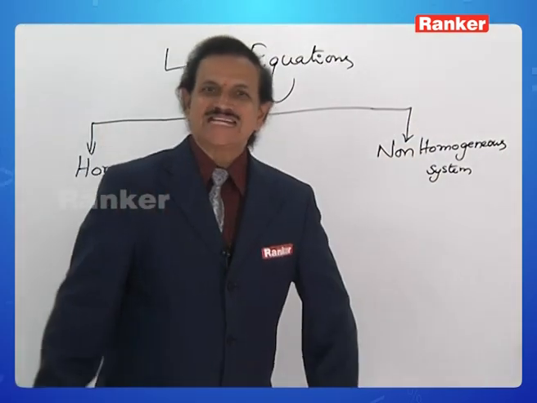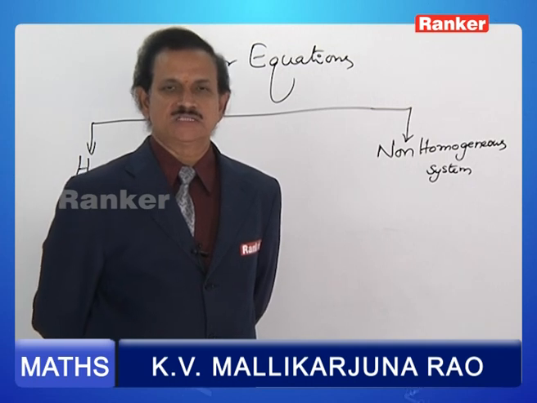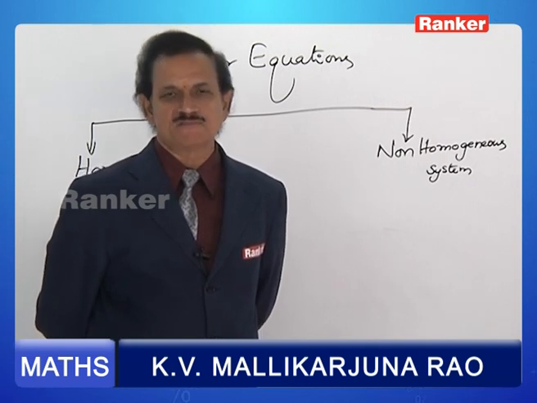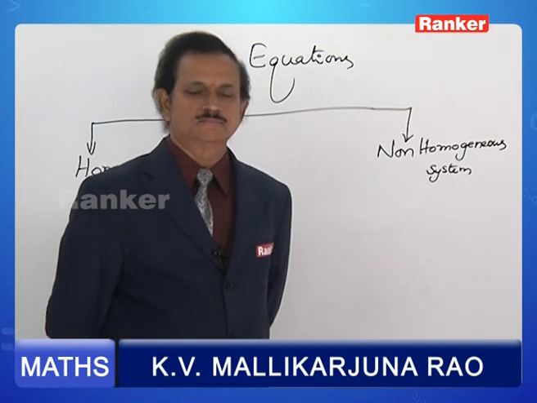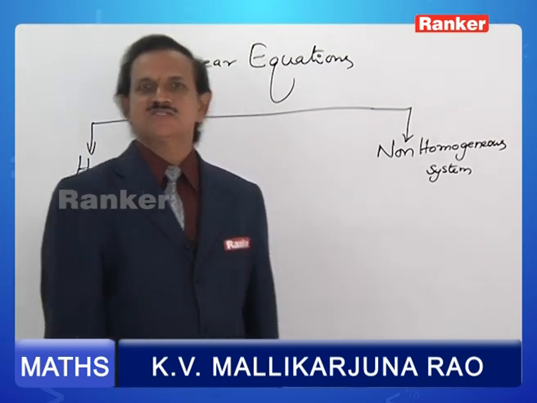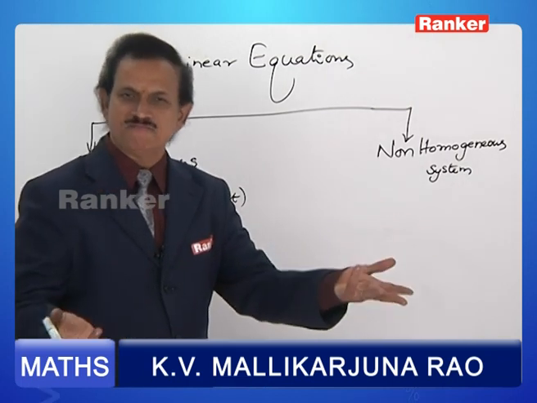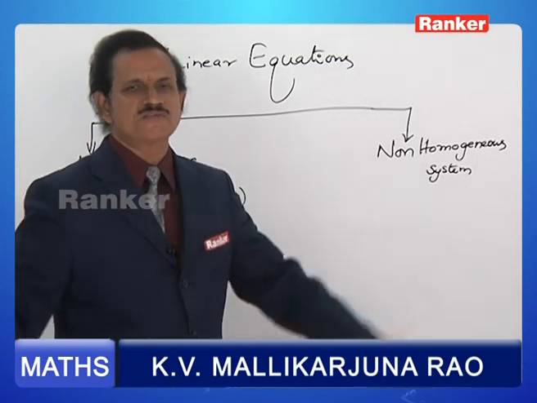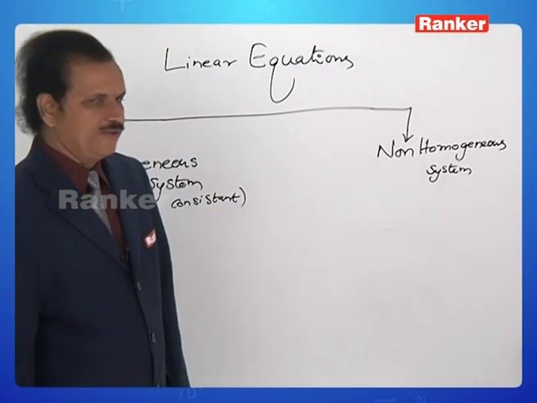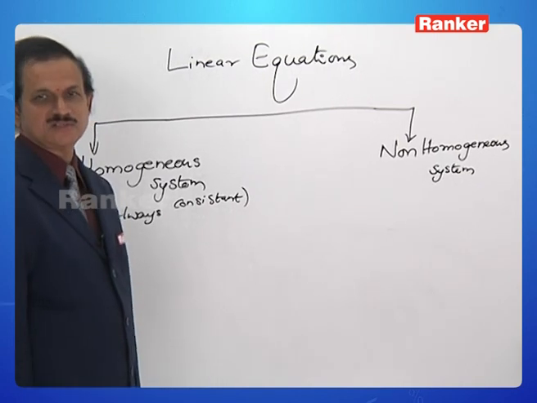What do you mean by consistency? A system of equations is said to be consistent if it has a solution, if there is at least one solution. For a homogeneous system, x equal to 0, y equal to 0, z equal to 0 is definitely a solution, isn't it? So there will be no question of getting the circumstance of no solution.